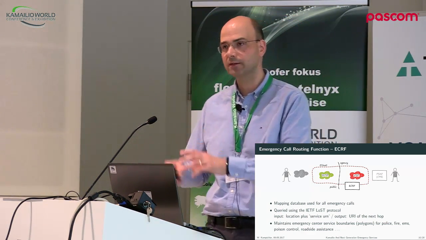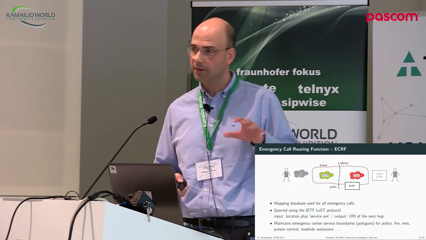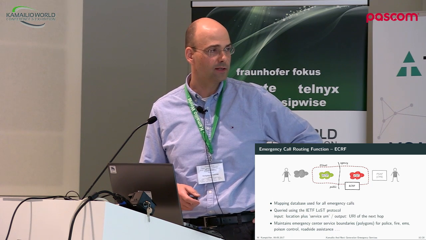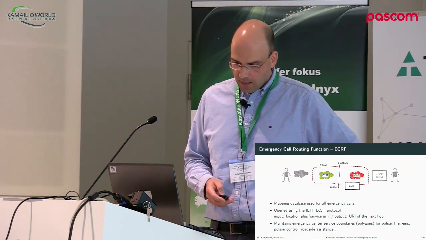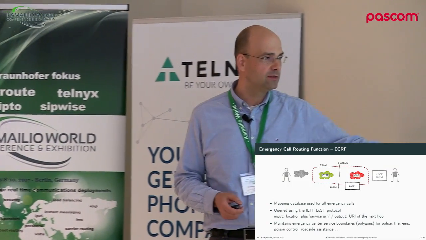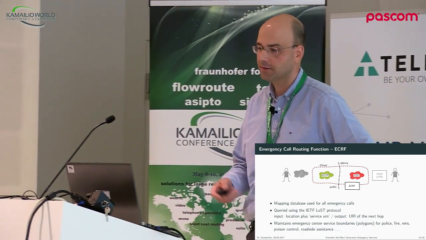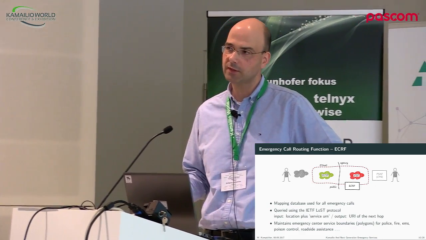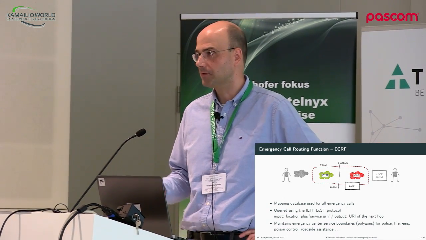It's a bit different for mobile-originating calls. There we already get some location, at least of the base station. Mappings can be for the emergency response organizations, but also for other services. Actually, this protocol, the LoST protocol, is also good for finding out the next pizza service, for instance.